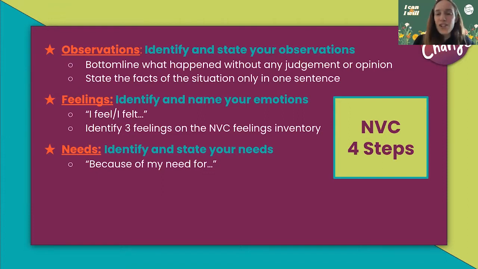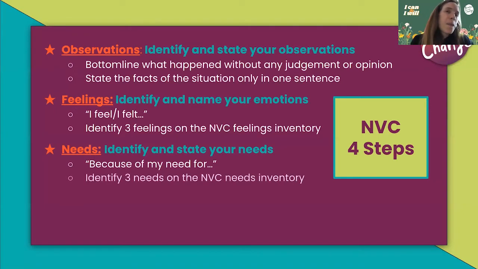Because there's some underlying need that I have that was not met in that situation. So I could say because of my need for timeliness or communication or integrity, right? Marshall Rosenberg has also created this needs inventory. It's in the chat. You can pull it up, but I'll also screen share it in a moment so you can see this more concretely.